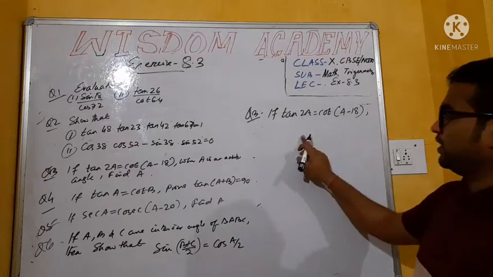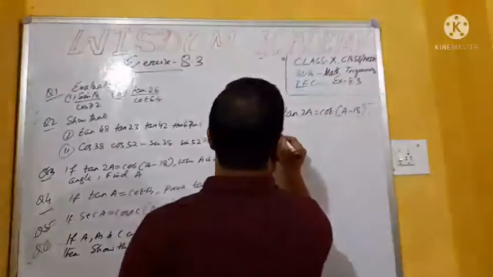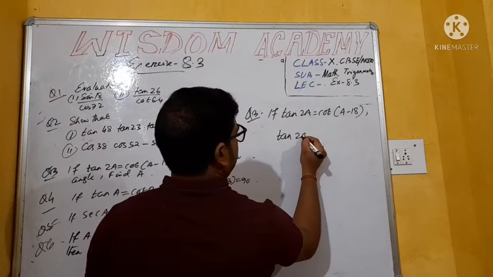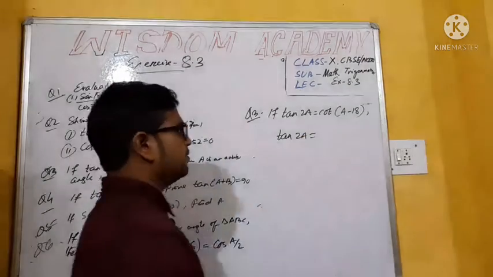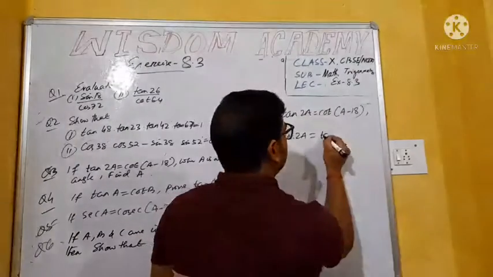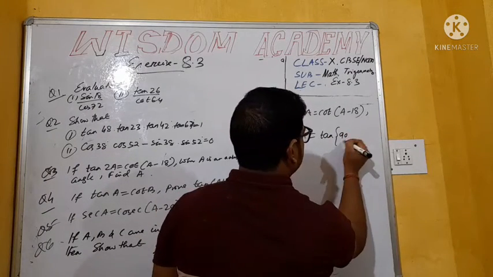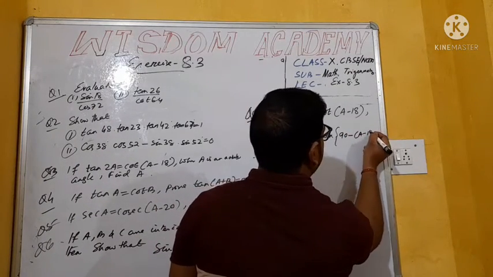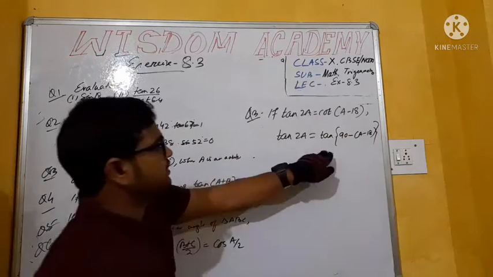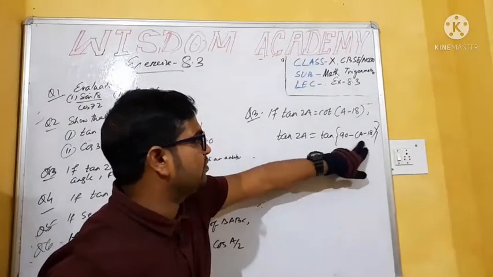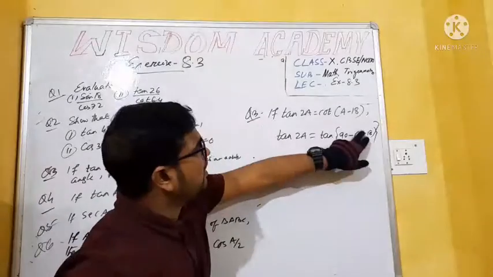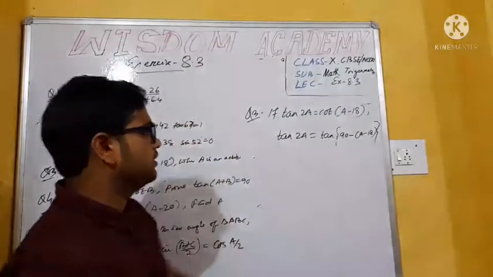Then find the value of a. Cot a minus 18 can be written as tan of 90 minus the quantity a minus 18. Tan 90 minus theta is cot theta.